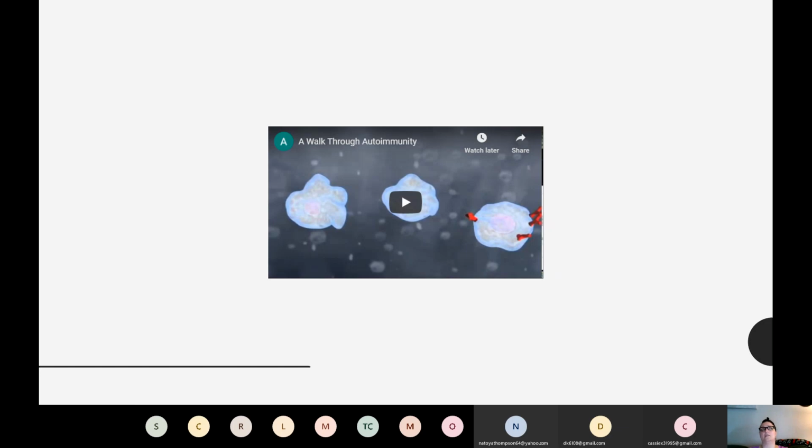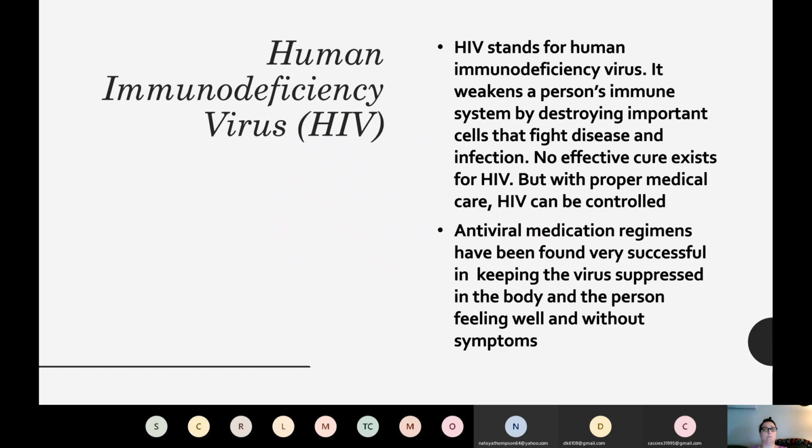And these medications are better because they're not as taxing and hard on a patient's body as an immunosuppressant would be. So the immunosuppressants are usually one of the last things that they will try for patients who have autoimmune diseases.